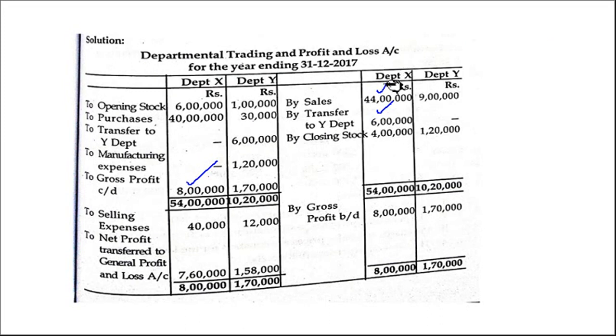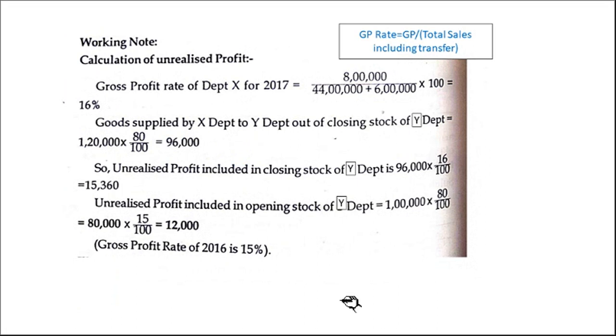Is that clear? This we are taking. So 8 lakh divided by 44 lakh plus 6 lakh, into 100. This formula you have to use. So the rate of gross profit for X in 2017 is 16%.